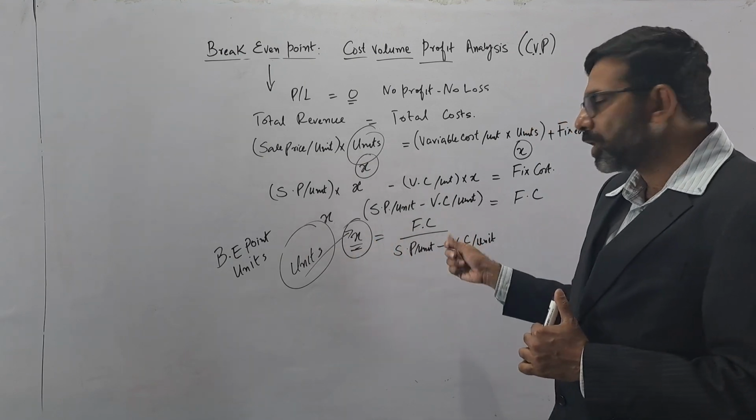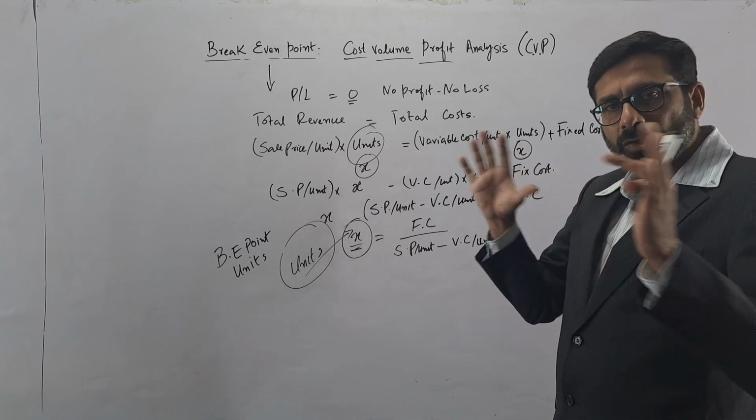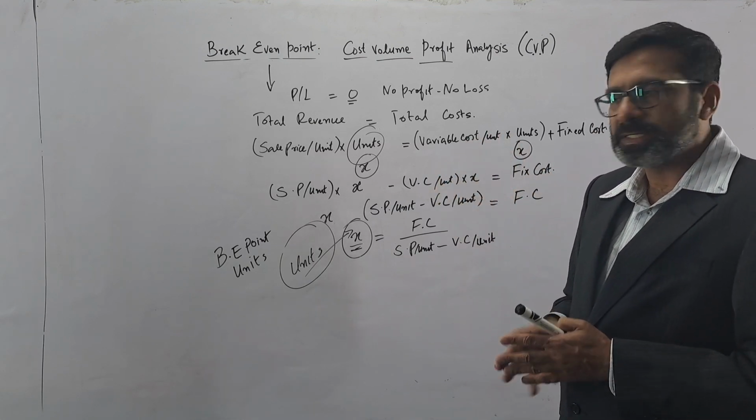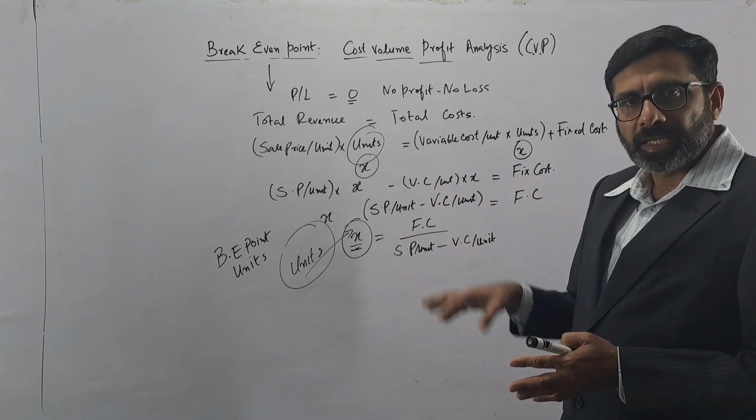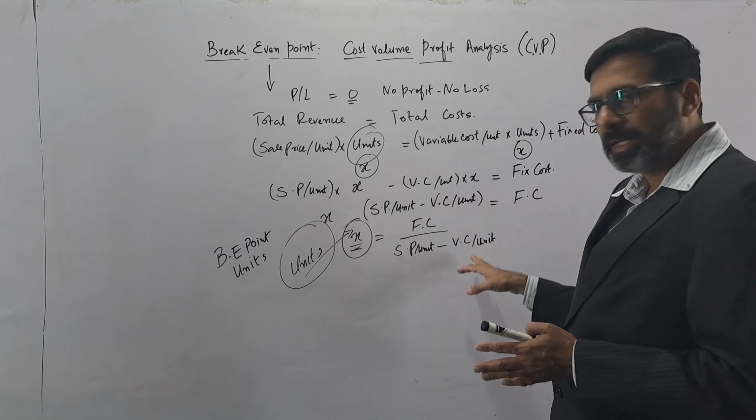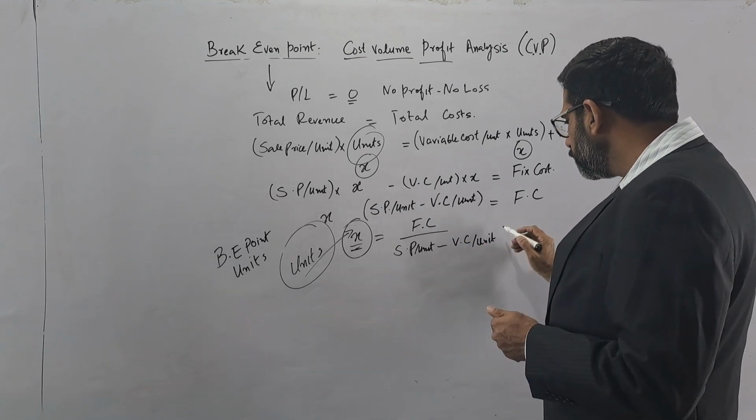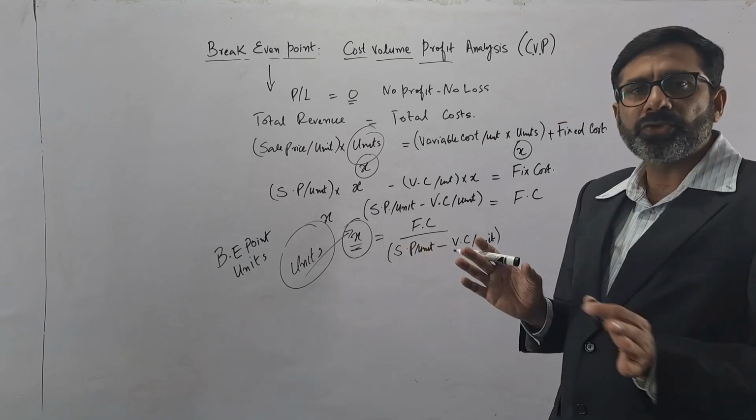So that is the fixed cost, the overall cost for that business, divided by the sale price per unit minus the variable cost. So we have to subtract these two, and then calculate. We just assume some values.